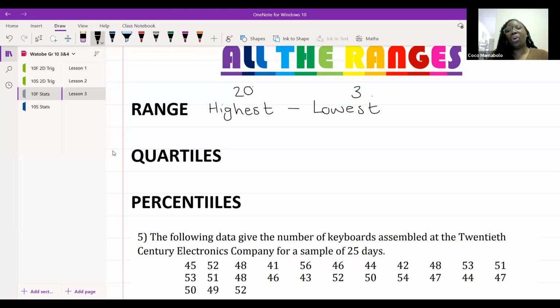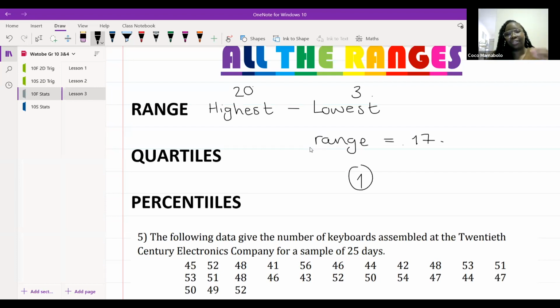I know that my range is going to be 17. 20 minus 3 will be 17. That means there's no possibility for me getting an answer like 1, because 1 does not fall in the range between 3 and 20.